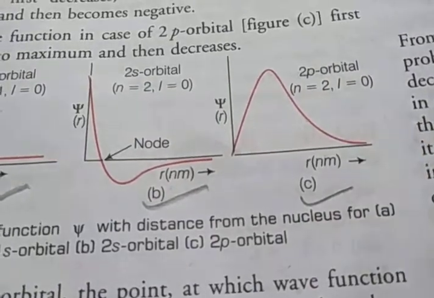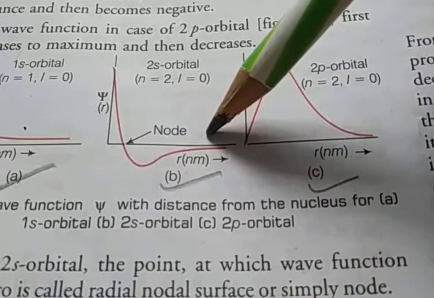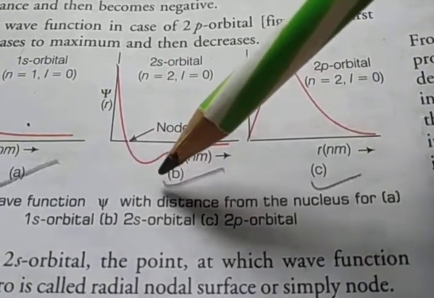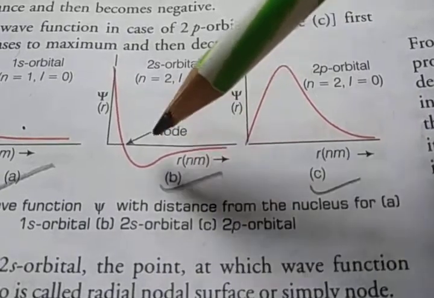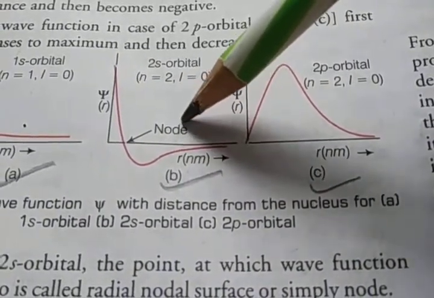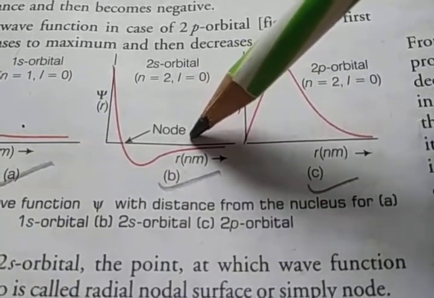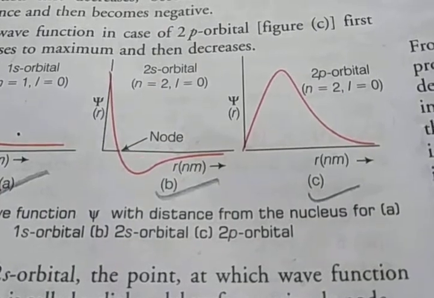In the case of the 2s orbital, the point at which the wave function becomes 0 is called the radial node surface, or simply a node. So this is the radial wave function.